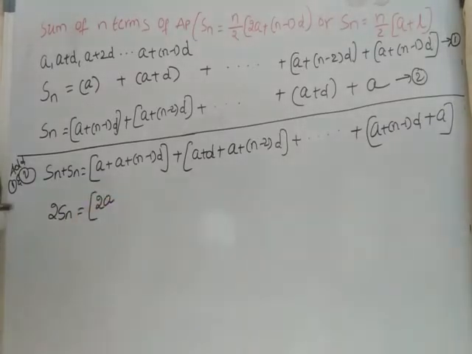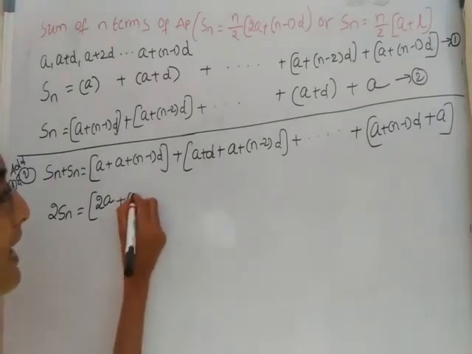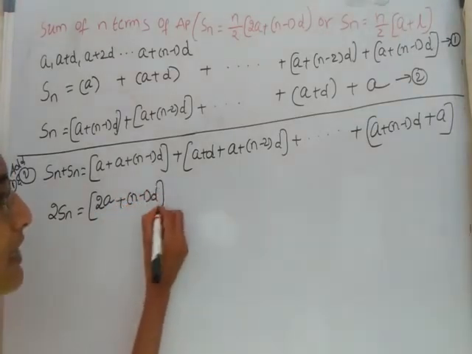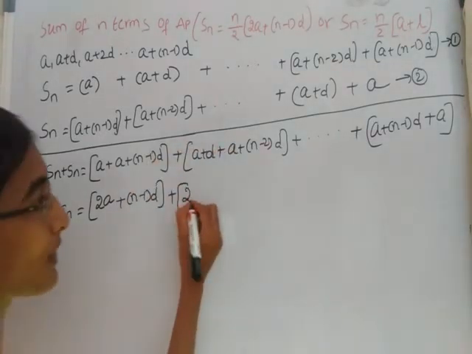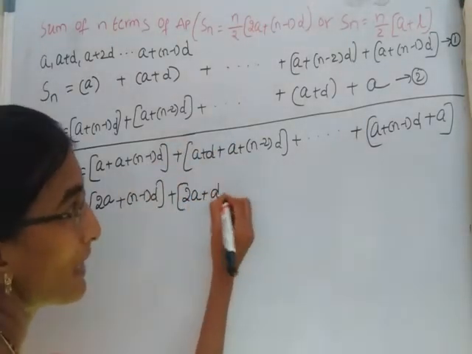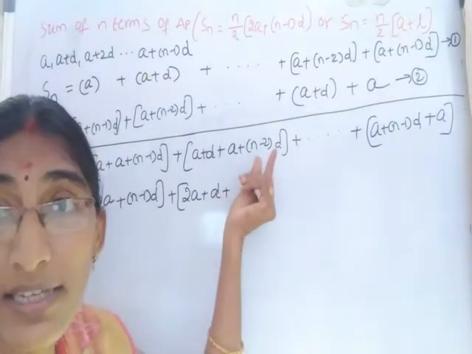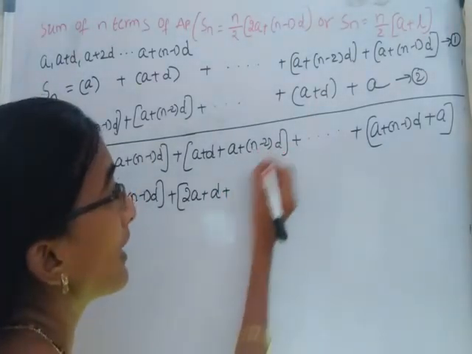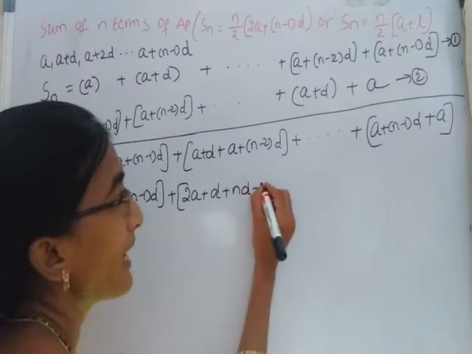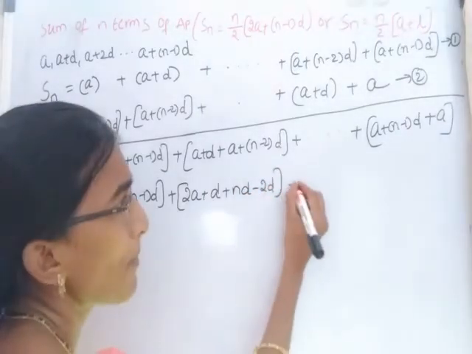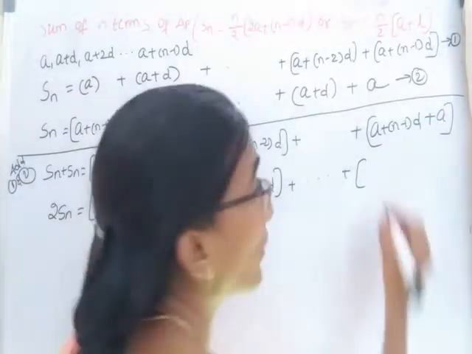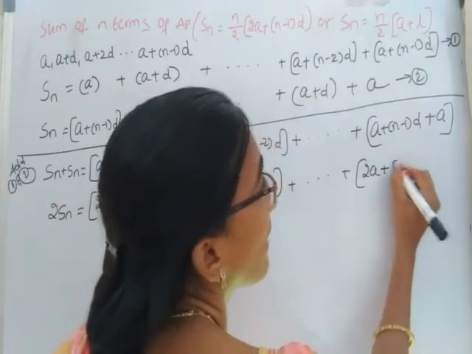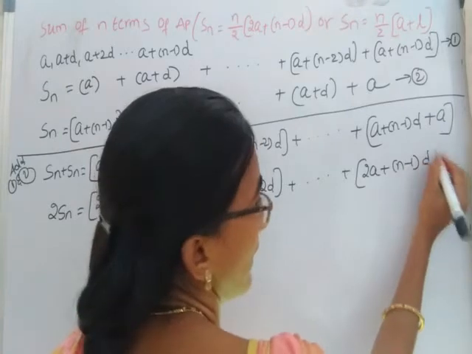So 2a plus n minus 1 into d plus a plus a, 2a plus d plus, expand this one, n minus 2 into d, nd minus 2d plus and so on. Again a plus a, 2a plus n minus 1 into d.